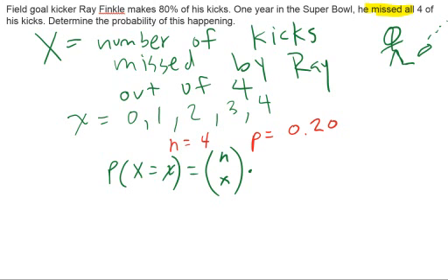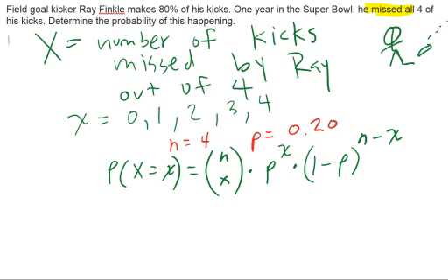We want x combinations out of n kicks, in this case 4 tries, times the probability of success raised to the x power, times 1 minus p raised to the n minus x power. Notice that p plus 1 minus p gives you 1, and x plus n minus x gives you n. Little trick there to make sure you have everything right.